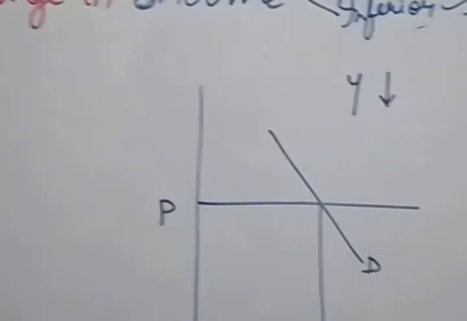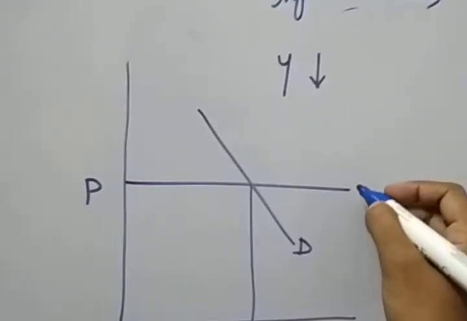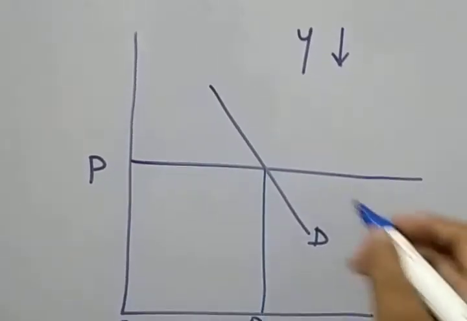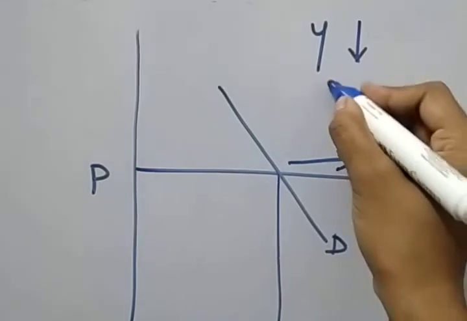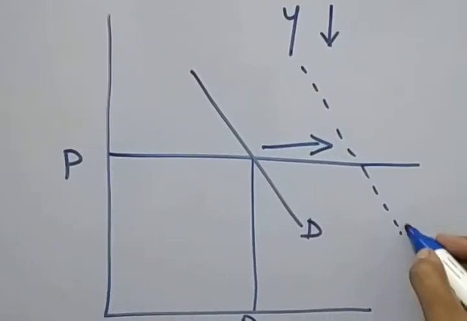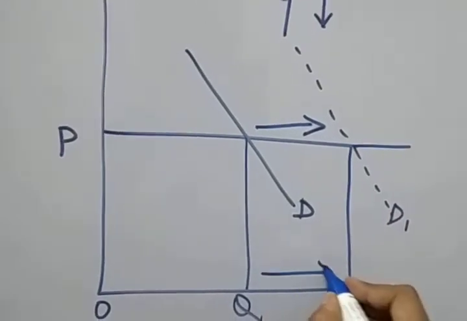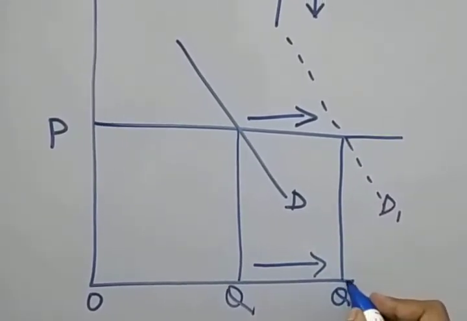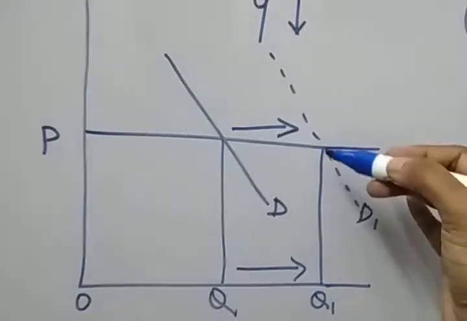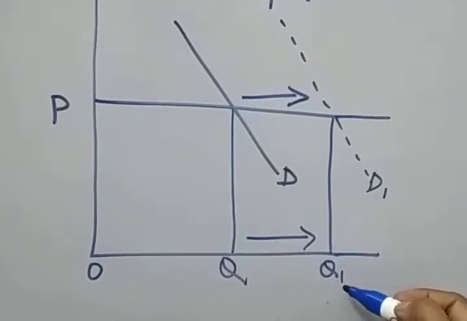Then he will increase the consumption of the inferior good, because inferior goods are purchased by the consumer due to the lack of income. So the new demand curve is D1 and the new quantity is OQ1.